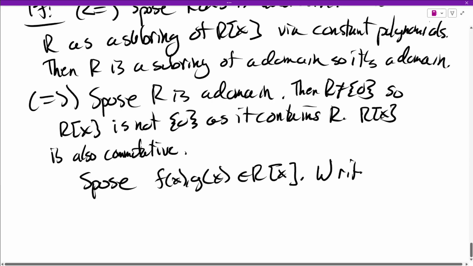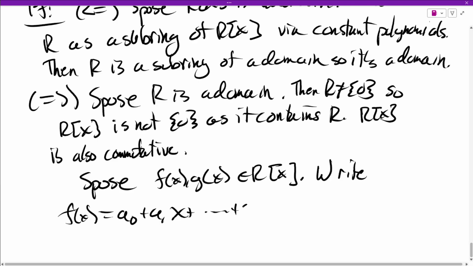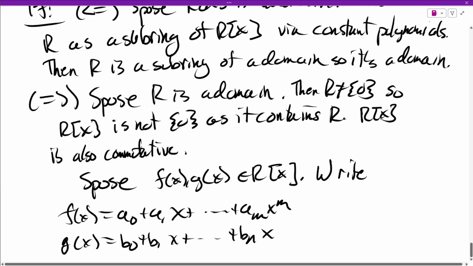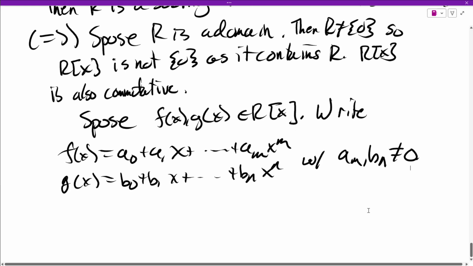We can write them as f of x equals a0 plus a1x plus amx to the m, and g of x as b0 plus b1x plus bn x to the n, with am and bn the leading coefficients. They're leading coefficients, so they're not 0.